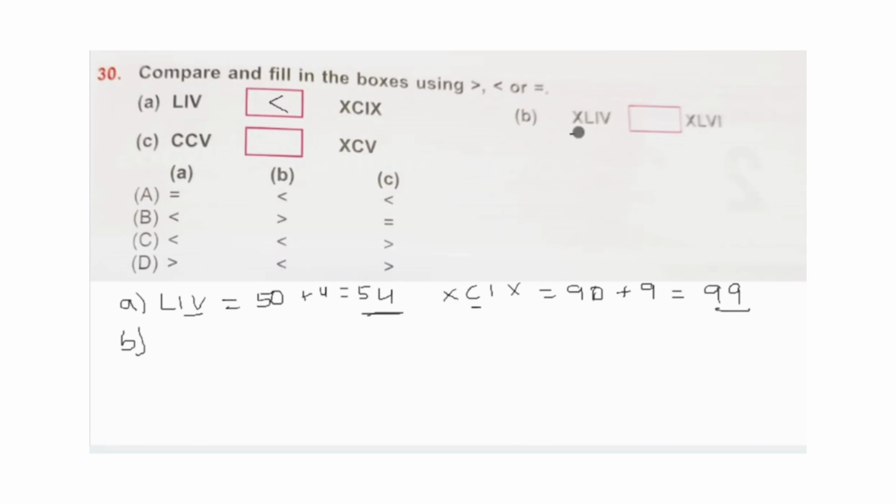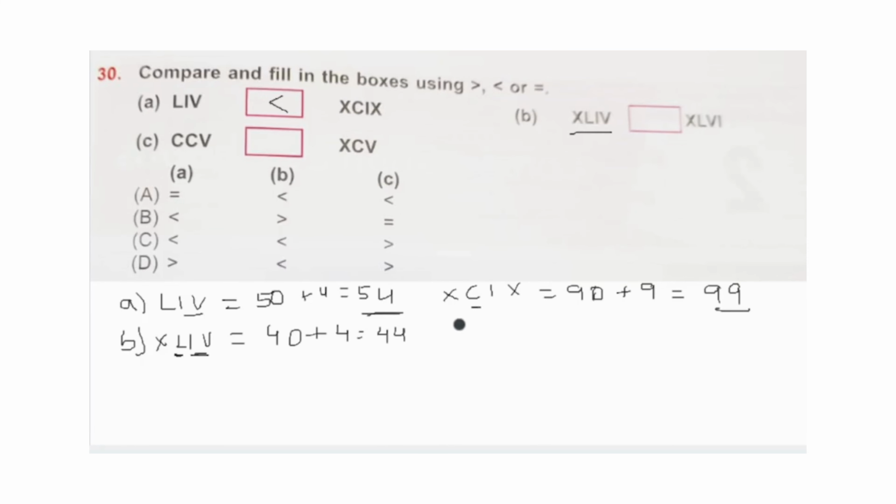Now let's go to option B. Here it's XLIV. Let's convert these Roman numerals into numerical form. There is an X before L. L, as we know, is 50, so 50 minus 10 is 40, plus this is 4. It's 44.